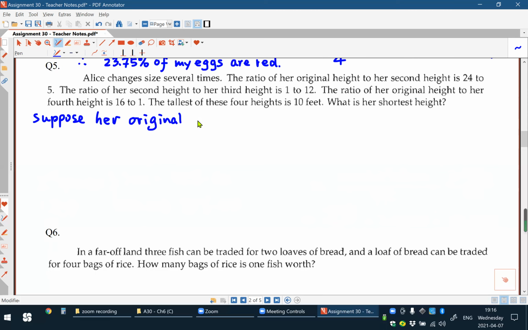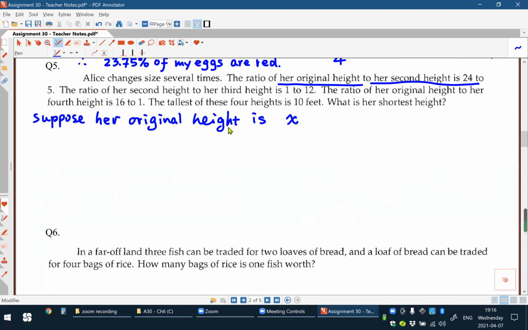So suppose her original height is x. Makes sense, right?